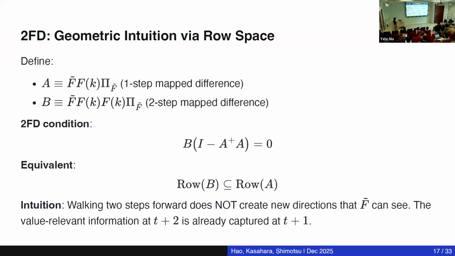What it says is that if this double Fk structure does not give you any new information in terms of the angle, then that's going to suffice for two-period finite dependence. And this is a lot less strict than the case for one-period finite dependence.